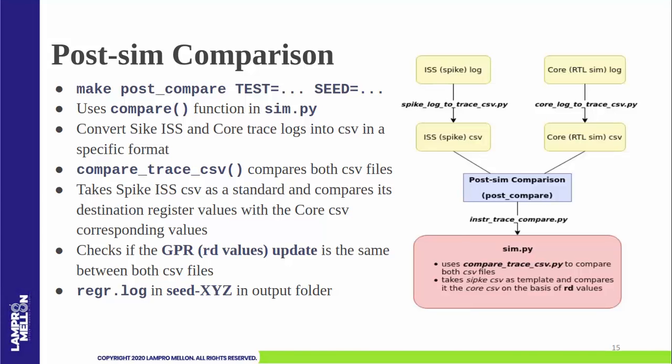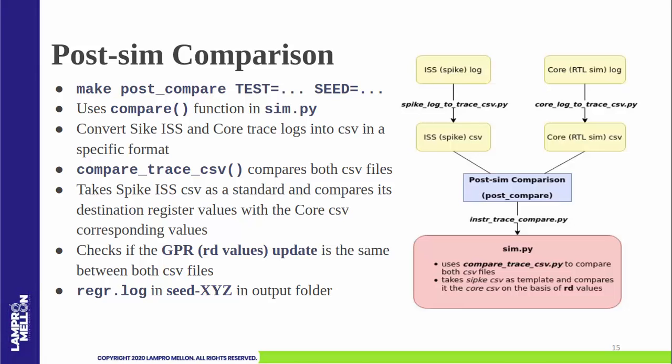Since both the logs are not in the same format, we first need to convert them into the same format for correct comparison. The compare function first converts both of these log files into CSV files in the same format. These files are generated in the folders in which the logs were present.